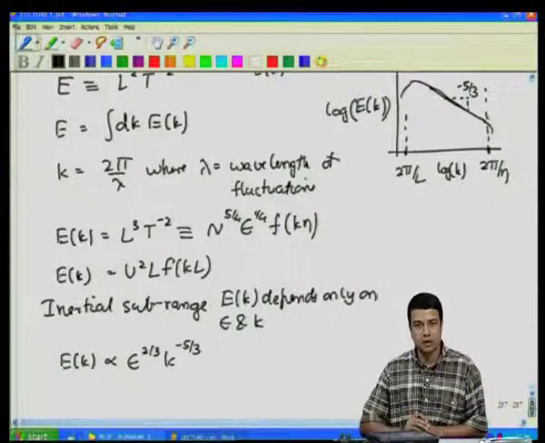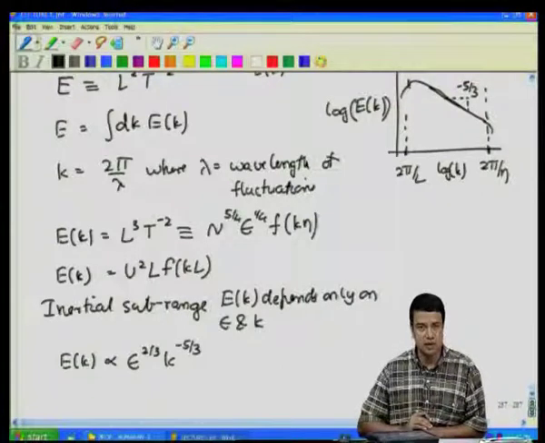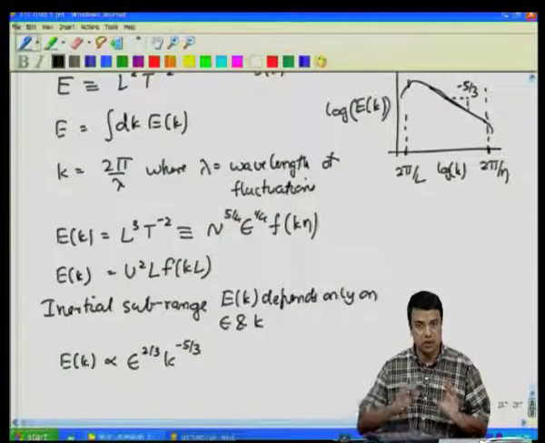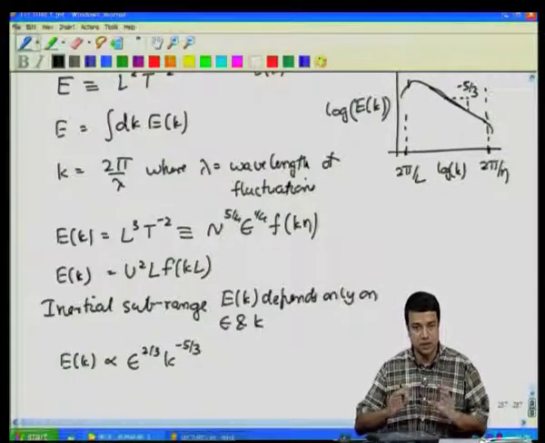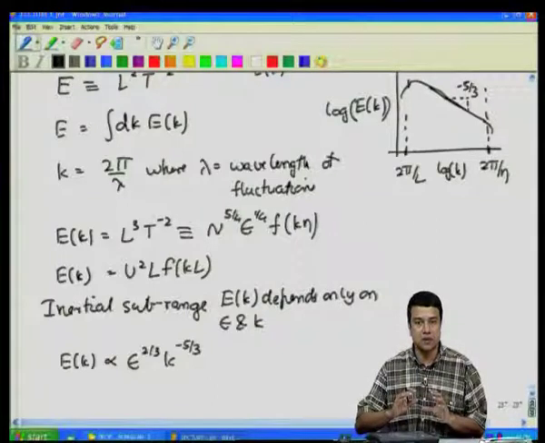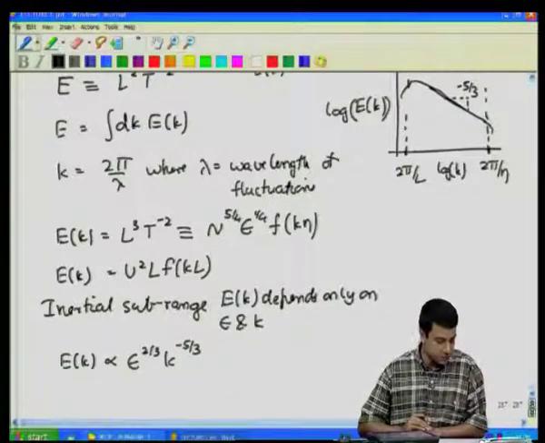So, the kinetic energy in the macroscopic scales is much larger than the kinetic energy in the Kolmogorov scales. Most of the energy is in the large scale flow. The energy in the small scale flow decreases as the eddy size decreases, with a scaling law which goes as k power minus 5/3, or length scale to the power plus 5/3.